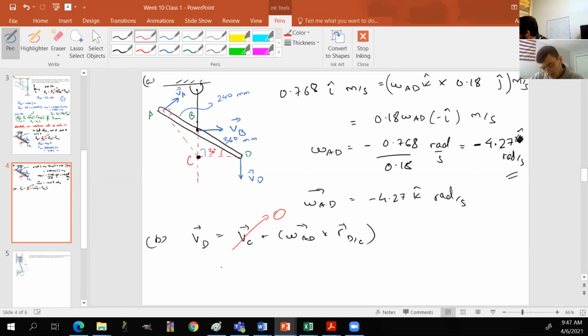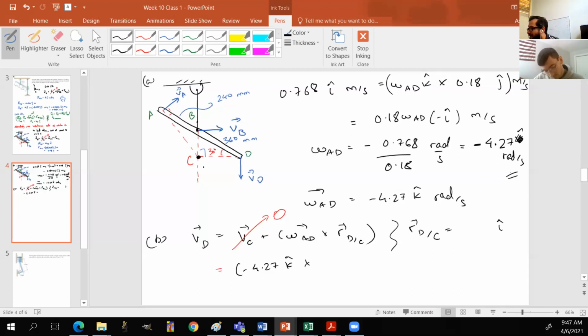All right. So now we know what omega AD is, right? So omega AD is minus 4.27 k hat, and we're crossing that with R of D relative to C. So R of D relative to C is going to be in the positive i hat direction for this instant, right? And then what's the magnitude going to be equal to?